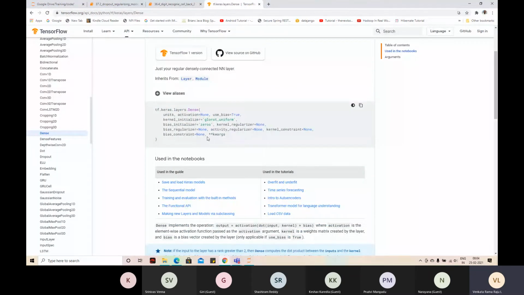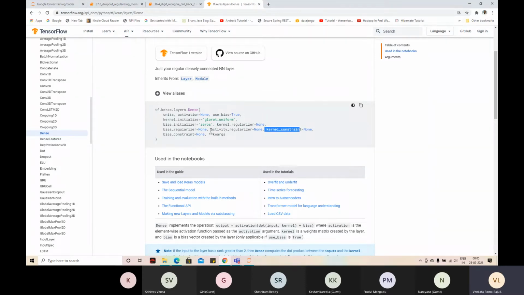The API will always change, right? So kernel initializer is Glorot uniform. We'll talk about this initialization maybe today itself. And bias initializer is zeros by default, which means they are not taking one as bias. Then there are the kernel initializer, bias regularizer and kernel regularizer.